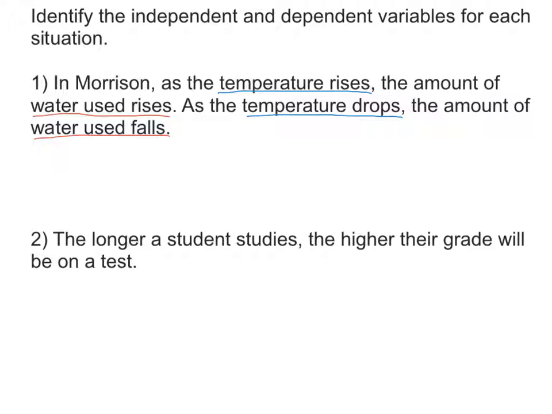So which one's which? Well, the fact that, again, we as humans or most things cannot control the temperature, that is going to be our independent variable. So our independent variable is the temperature.